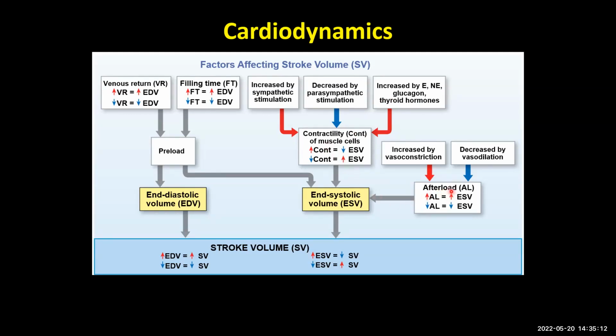And the afterload. So if you're increasing the pressure in the aorta or in the other blood vessels, this is vasoconstriction. So the heart has to work harder, right? If the heart has to work harder, then the stroke volume decreases, ejection fraction decreases. It means more blood will stay in the left ventricle.